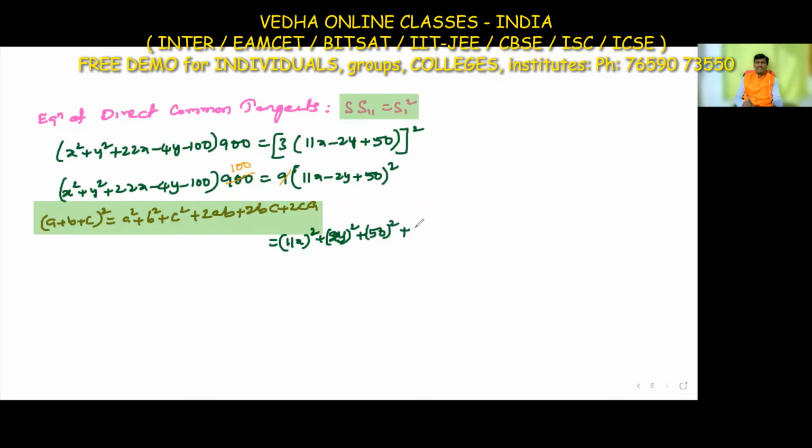Then 2ab: 2 into a is 11x, b is minus 2y. 2bc: 2 into b is minus 2y and c is 50. 2ca: 2 into c is 50 and a is 11x.